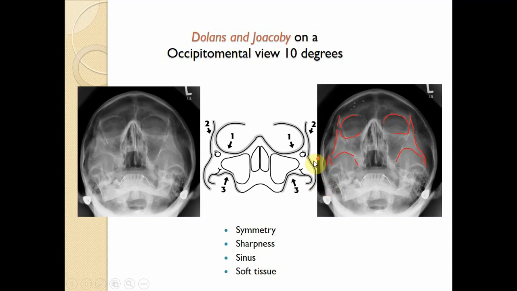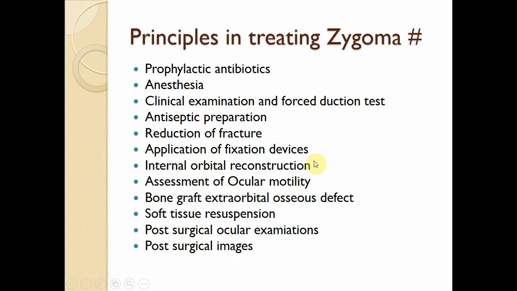The main principles in treating a zygomatic fracture: the first one is prophylactic antibiotic. This is very important because in most road traffic accident cases there is a chance of susceptibility to infection, so you give strong antibiotic coverage. There will be paresthesia, so we can do all these only under anesthesia.